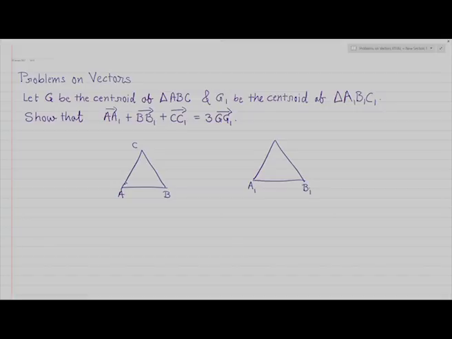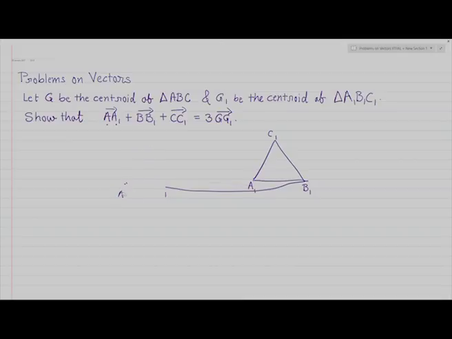This is A1, B1 and C1. Then if my initial point is A and terminal point is A1, let my vector be in this manner. I start with A and join A1. Then I start with B, let us slightly shift B, and join B1.